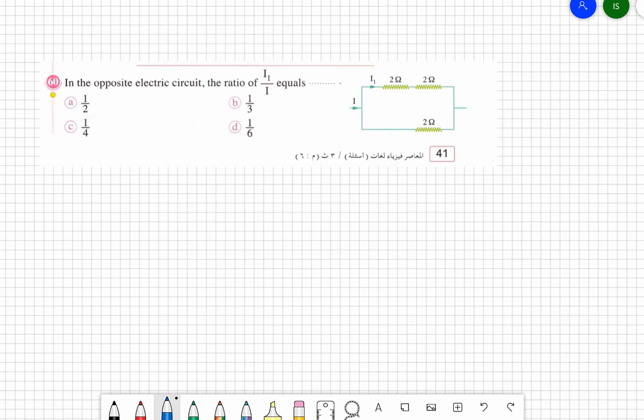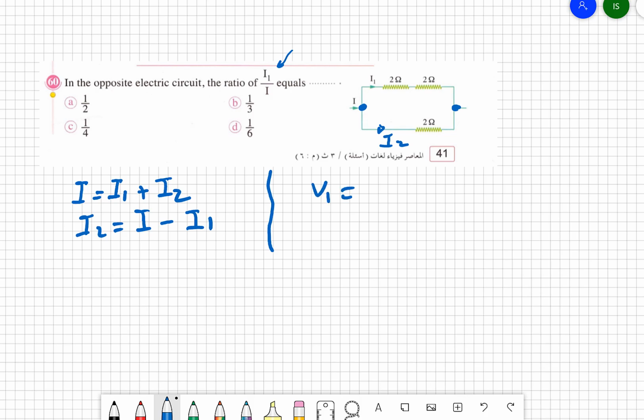In the opposite electric circuit, the ratio between I1 and I, the main current, where I1 moves through the upper wire, and make this I2. So you know well that I equals I1 plus I2, and also I2 equals I minus I1, right? But the potential difference in the upper wire is exactly the same as the lower wire. So V1 equals V2, I1 R1 equals I2 R2.